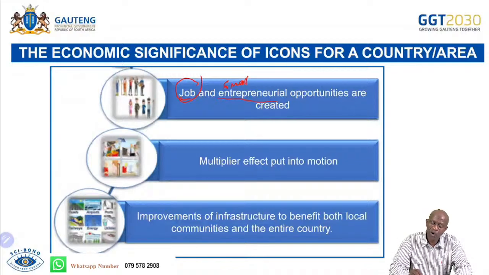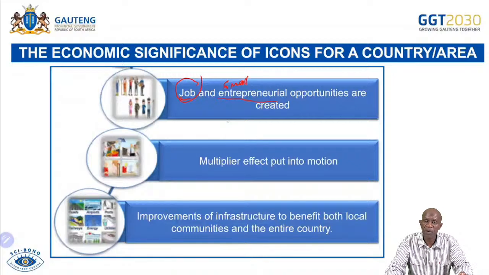It also puts the multiplier effect into motion. Meaning that the profit or the money that we get from the visiting tourist is not only used in tourism, but filtered down to other sectors of the economy.